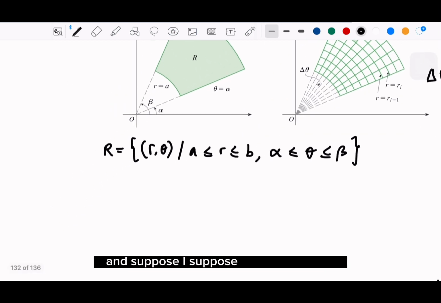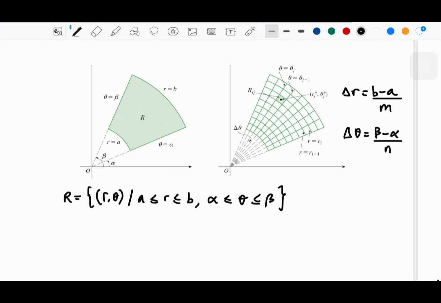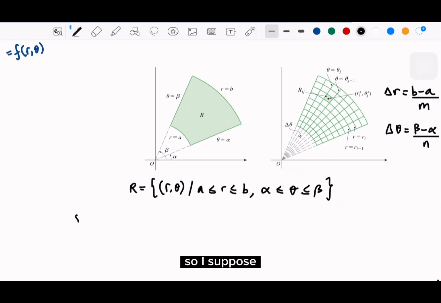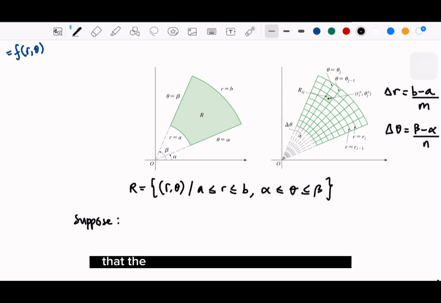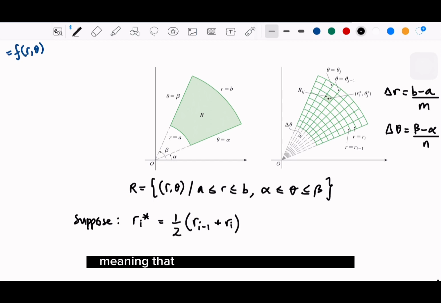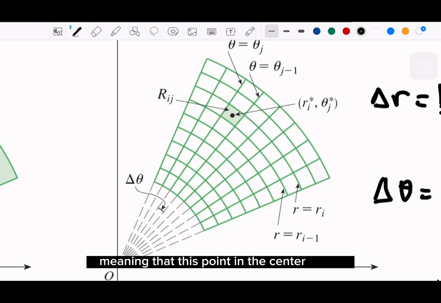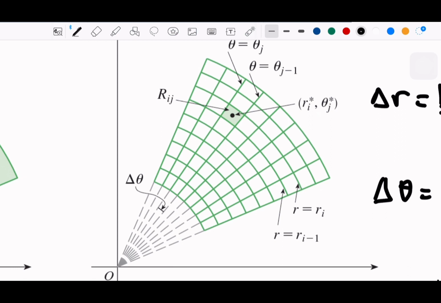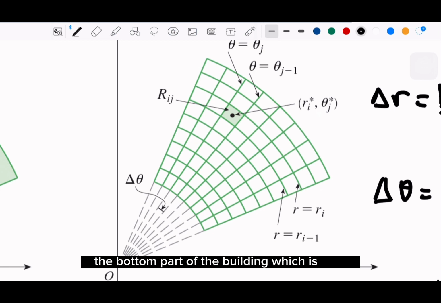Suppose that r_i asterisk will equal half, meaning this point is in the center. We suppose that this is going to be half of the distance between the bottom part of the building block, which is here, and the top one here.